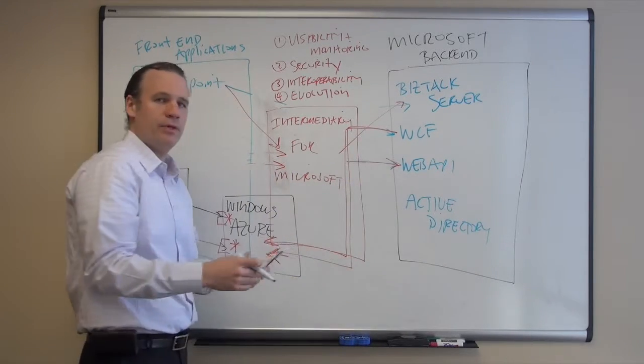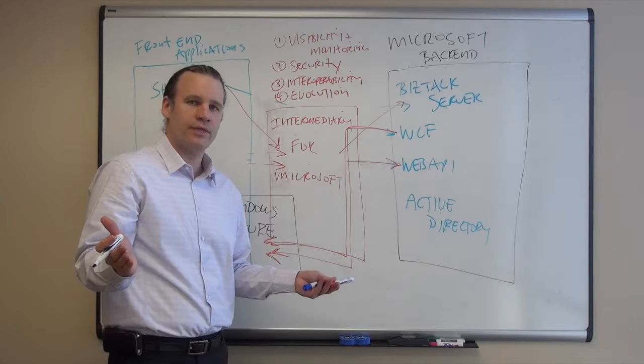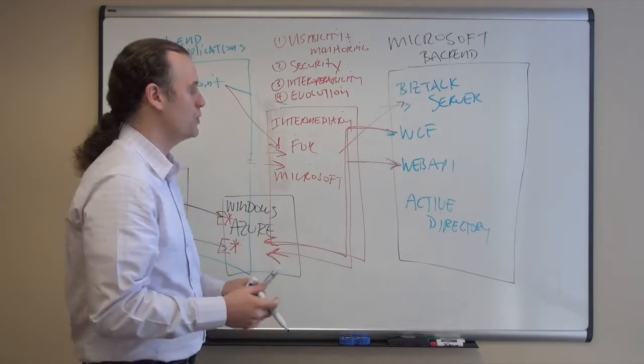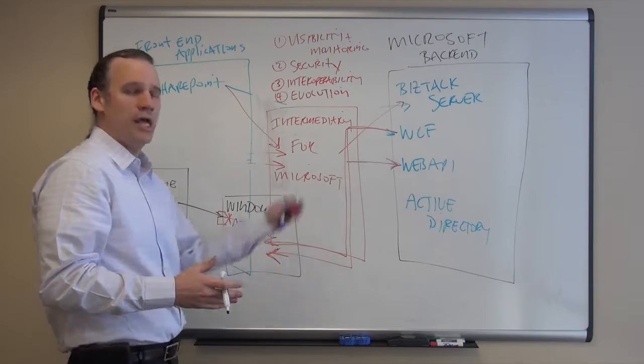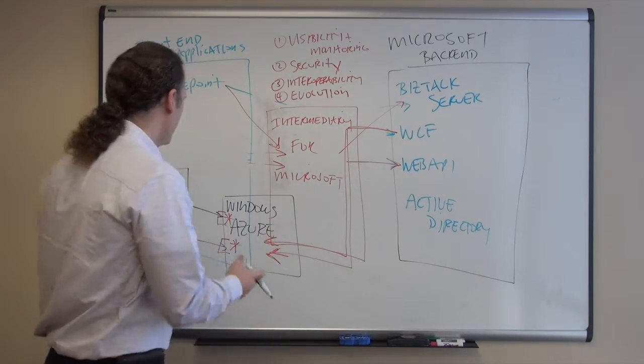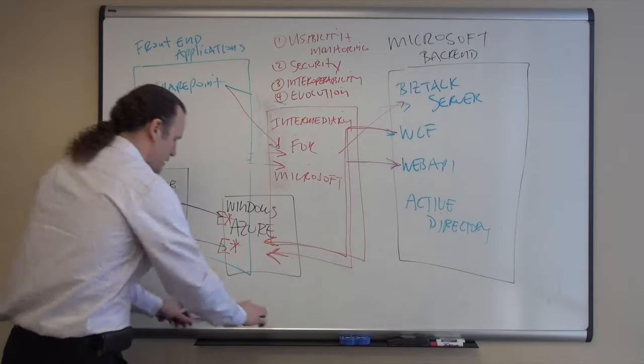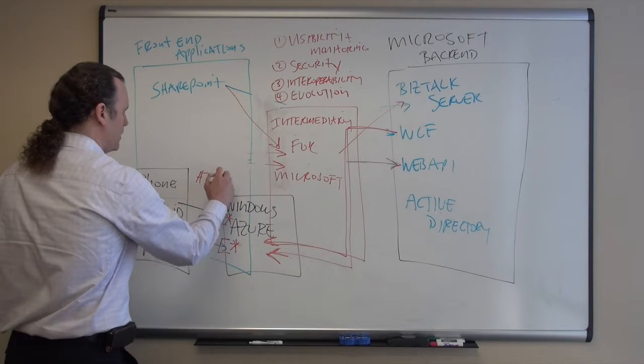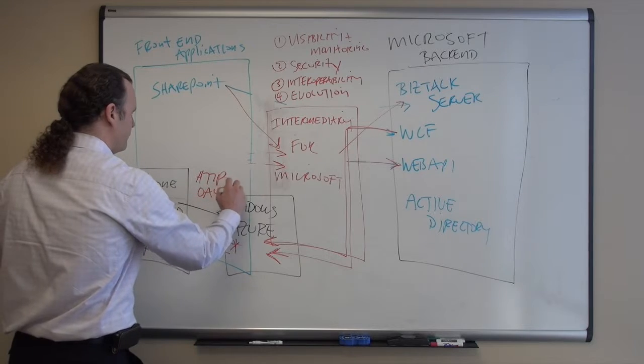The backend is going to communicate using all of today's standards that it's using today. It's using perhaps WCF, Web API, Kerberos, Windows Security, Active Directory, and so on. So it doesn't have to change at all. But the front end is going to start talking the modern protocols. So this could be HTTP, this could be OAuth, and so on.